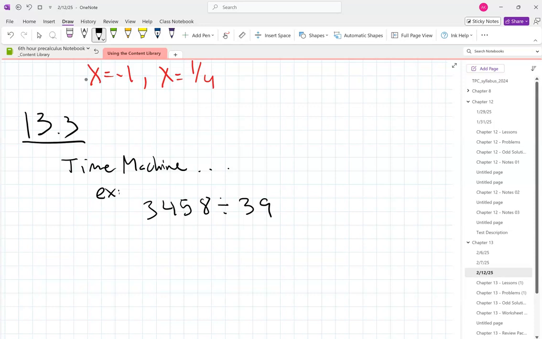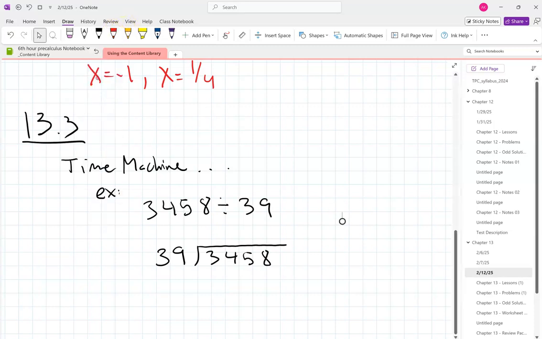Maybe you had a problem like this, like 3,458 divided by 39. To do this kind of a problem, what did we do? What was it called? Long division, yeah. So like the 39 goes on the outside, the 3,458 goes underneath.